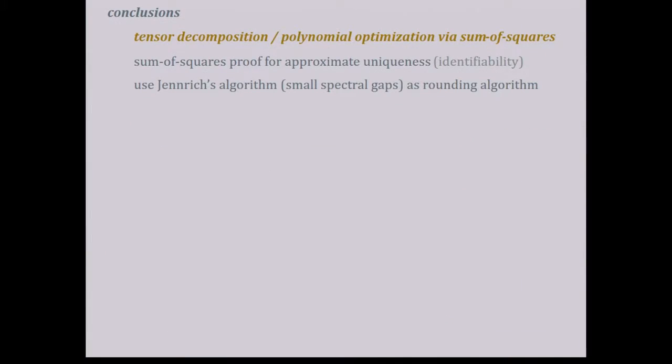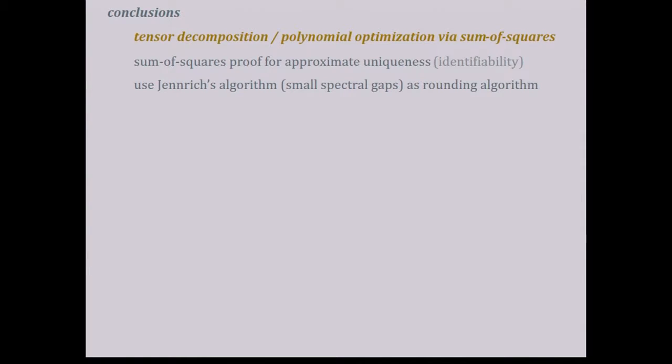Let me conclude. We saw a way of using sum of squares for tensor decomposition, and there were two parts here. One was to give a sum of squares proof, valid for pseudo distributions, which shows that the third moments determine, up to some small error, the 6 moments.